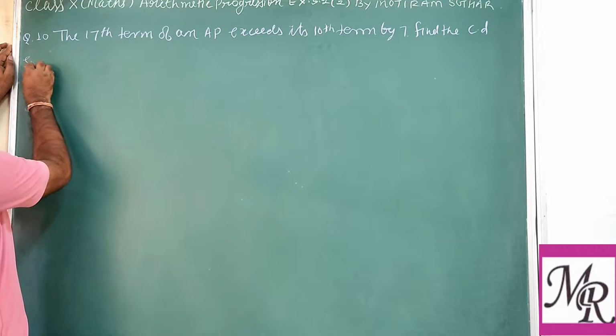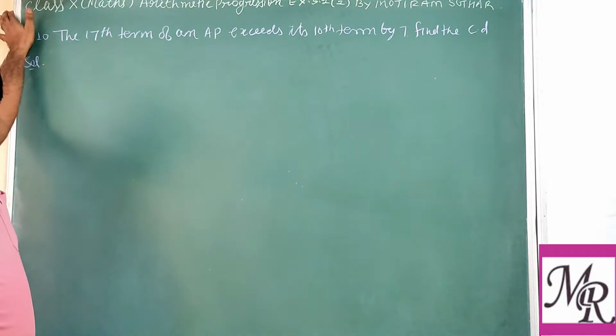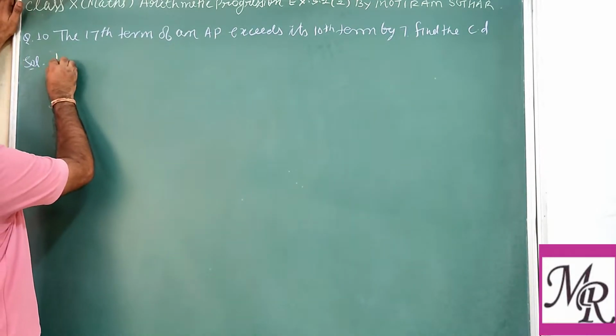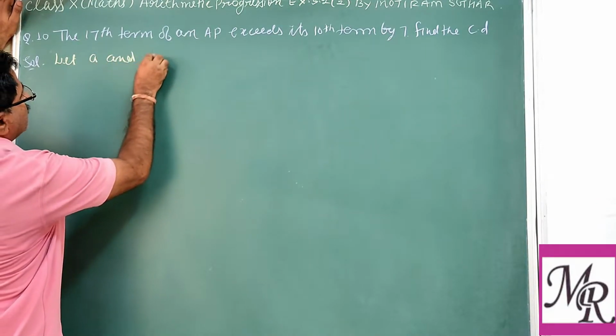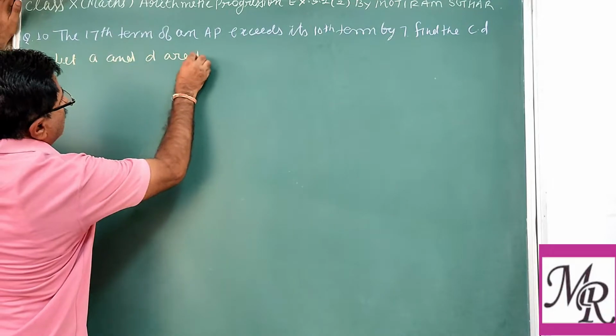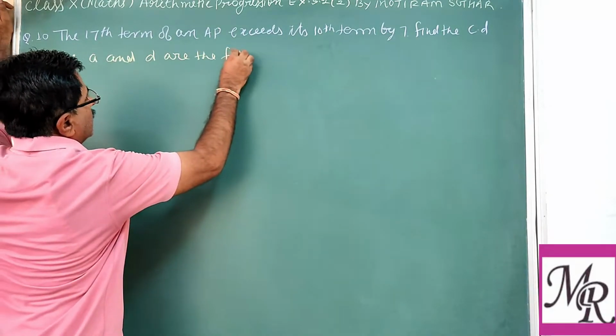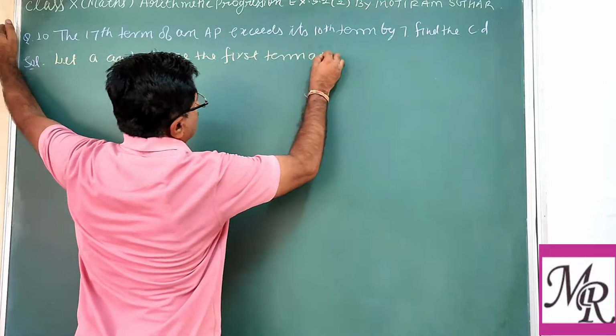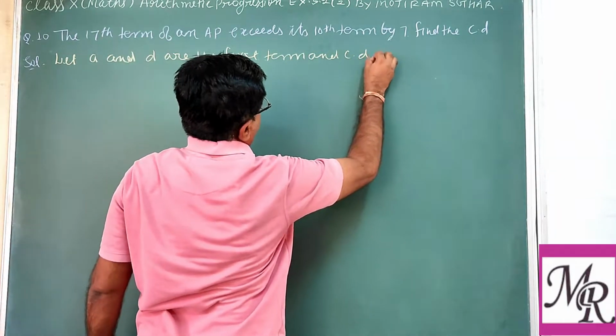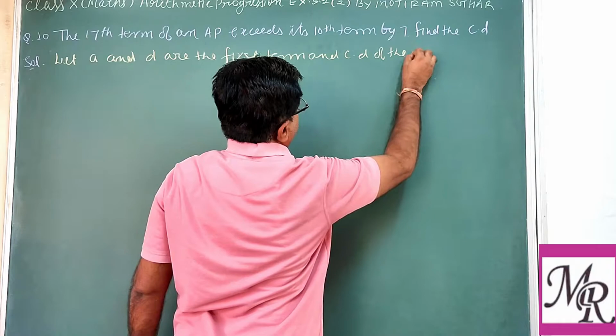So in the solution you write that A and D are the first term and common difference of the given AP.